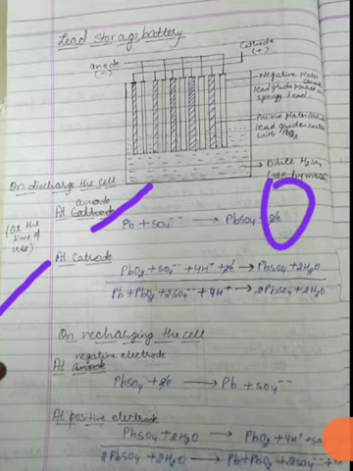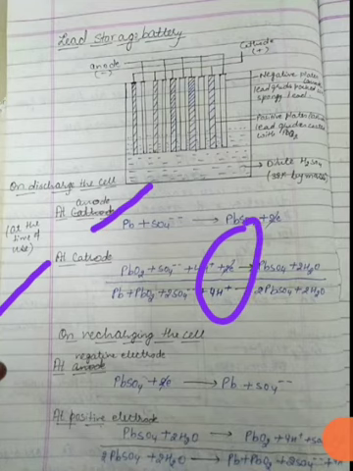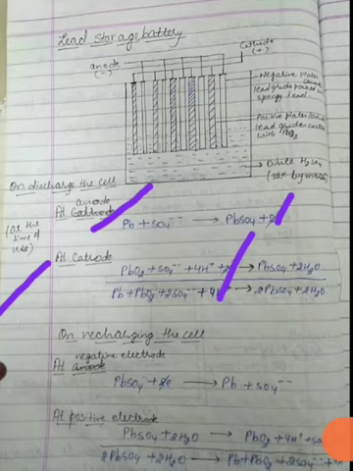Here it loses 2 electrons at the anode, and here it gains 2 electrons at the cathode. You have to remember this basic point. Now cancelling these, the overall cell reaction becomes Pb plus PbO2 plus 2SO4 2- plus 4H+, giving 2PbSO4 plus 2H2O.